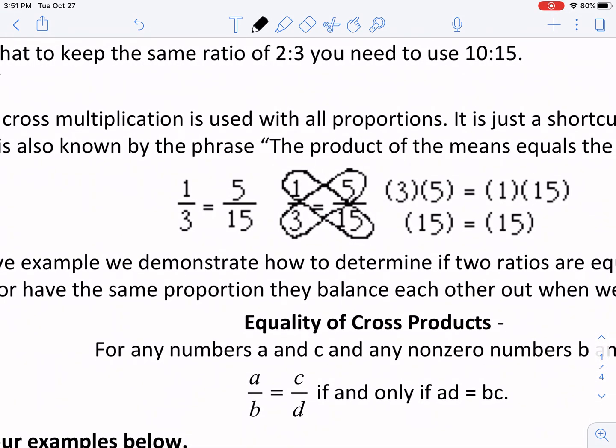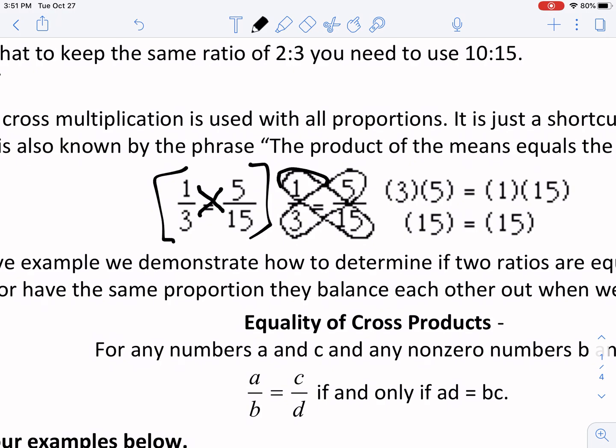For instance, 1/3 is equivalent to 5 over 15. Now, how you tell if a fraction or ratio is proportional, in other words, equivalent, is when we multiply across. That's why it's called cross-multiplying. 1 times 15 and 3 times 5, and as long as they come out to equal the same thing, we're okay.